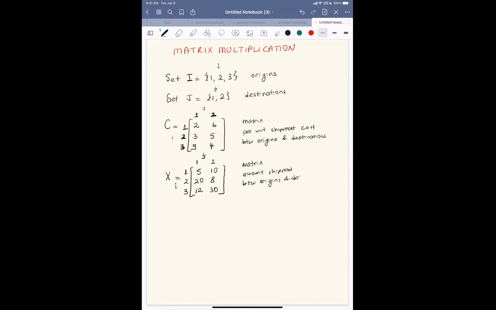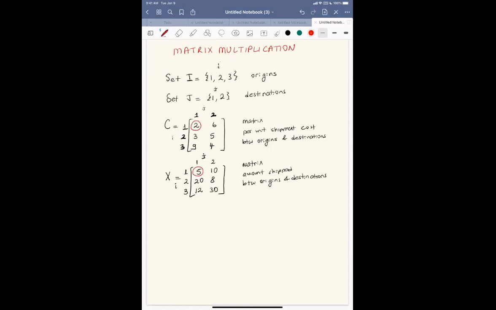So now we're going to do matrix multiplication. What we're going to do is take the first element in the cost matrix multiplied with the first element in the amount shipped.